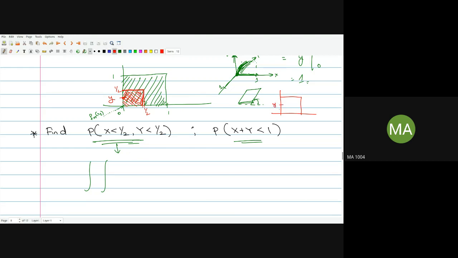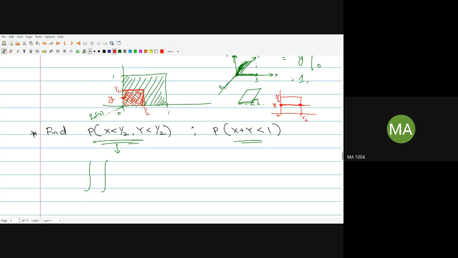This is half and this is half. So this is how you should take the limits. For some y, this will be a straight line. On that straight line, you just identify the limits of x. Now we are fixing y and writing the limits of x in terms of y.